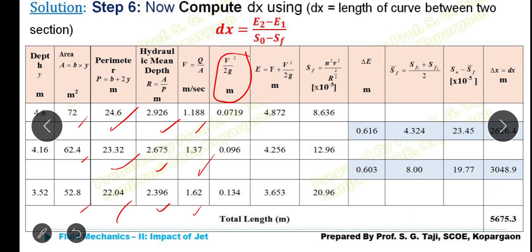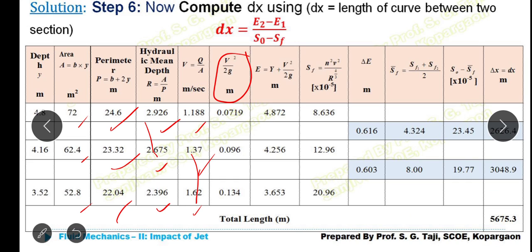Okay? Yes, sir. Next, after calculating V squared by 2g, you have to calculate E. In the title heading, it is given E. It means that when you are calculating for these two together, E1. For these two, E2. In the same way, it is being calculated here.